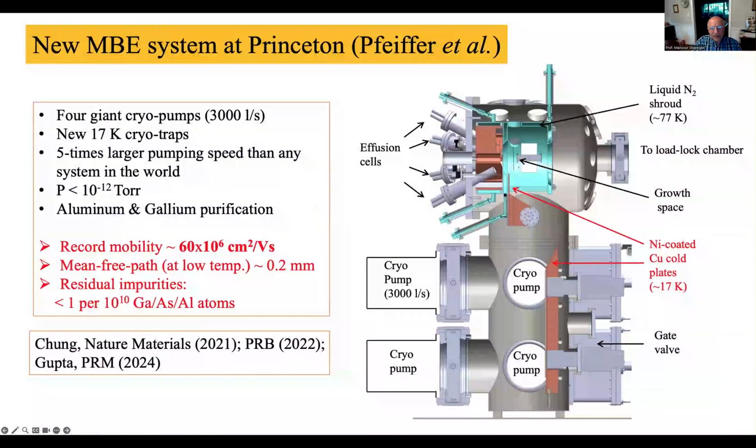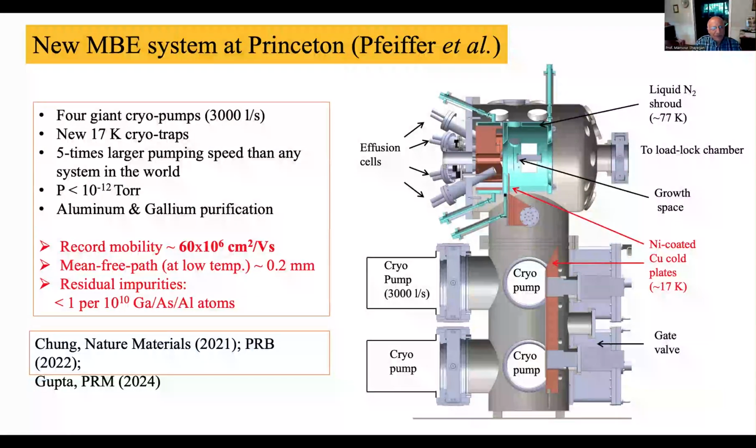So it turns out about 15 years ago, 14 years ago, Loren Pfeiffer came to Princeton from Bell Labs. He's an expert in MBE, and in our lab, we also had MBE for many years, 25 years or so. So we combined efforts. And the new chamber, which you can see a sketch of, is rather unique in the world.